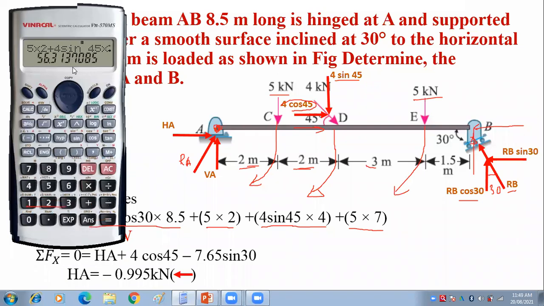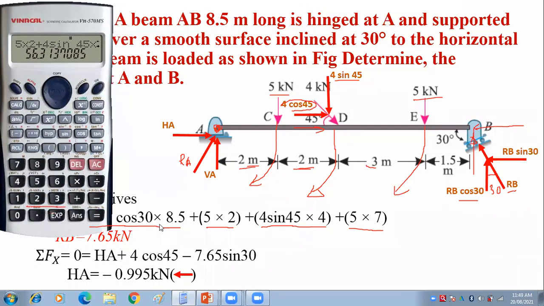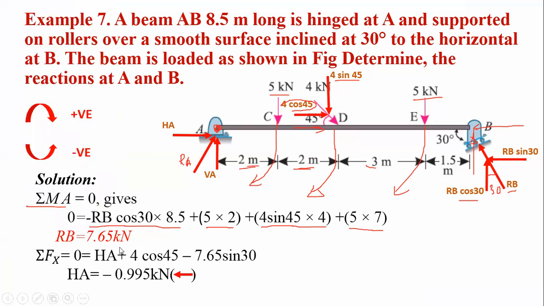Now we have to take the cos 30 and 8.5 terms to this side. It means we have to divide this 56.31 by 8.5 first, and then divide this term by cos 30. What will you get? 7.65. Your reaction RB is 7.65.